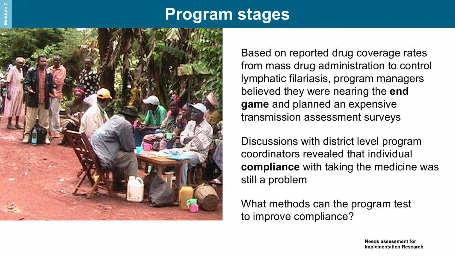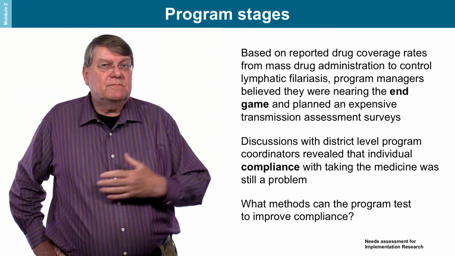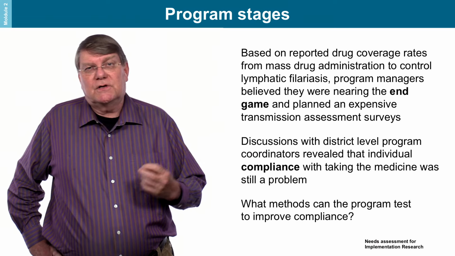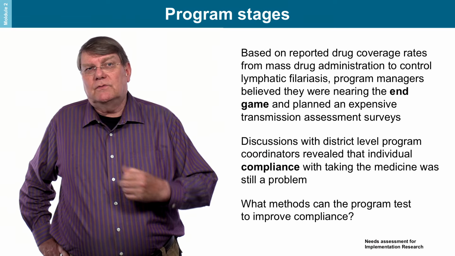But again, you don't want to stop control completely until you know that you have really brought down the incidence of the disease, and you need to do various kinds of assessments. Now, these surveys, these assessments are not cheap, so you don't want to do it prematurely.